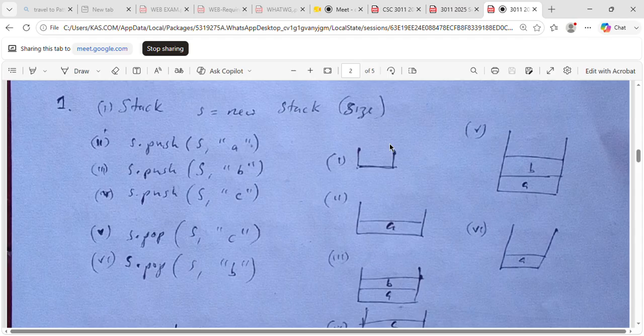It's more like you just bought a bag from wherever you buy it, be it in Kamwala or in shops. What you are creating is an empty bag where you are going to be stacking those objects. So stack equals new stack, then the size there.